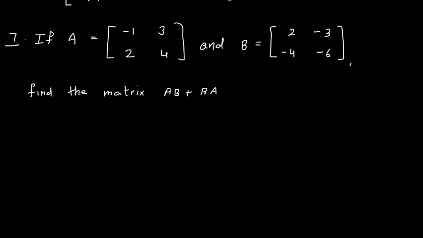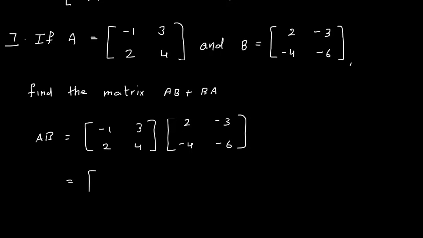Now the seventh problem is if A and B are given, then find AB plus BA. So AB plus BA, first find out the value of AB. A is minus 1, 3, 2, 4, and B is 2 minus 3, minus 4, minus 6. We multiply, so we get this first row will multiply this first column.